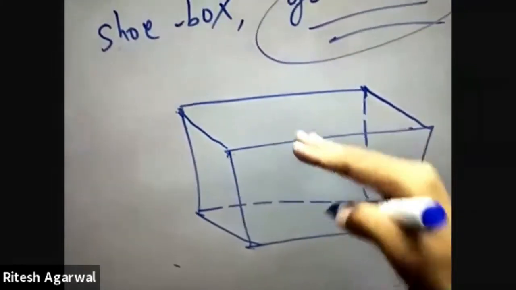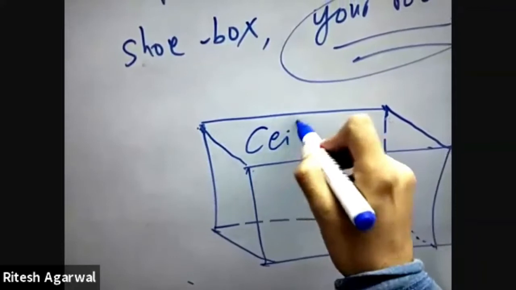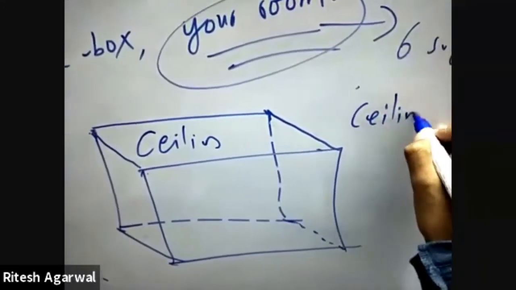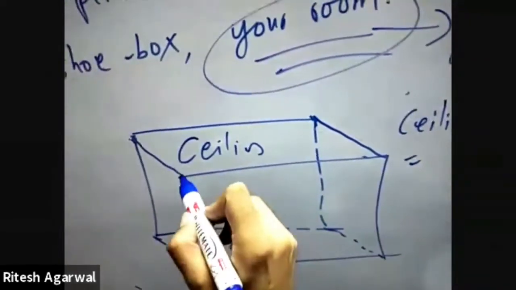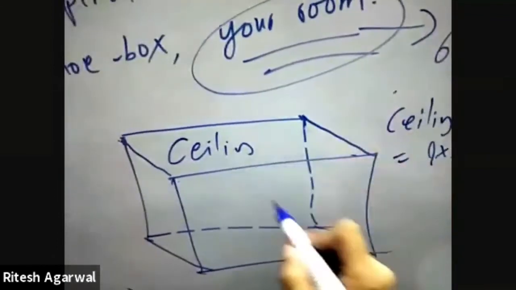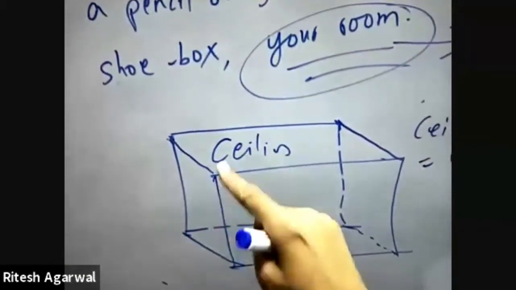Here, please note that this part is the ceiling. Therefore, the ceiling is a rectangular surface whose area will be length into breadth. Height is not involved in the ceiling. Note that the ceiling has nothing to do with the height of the wall.